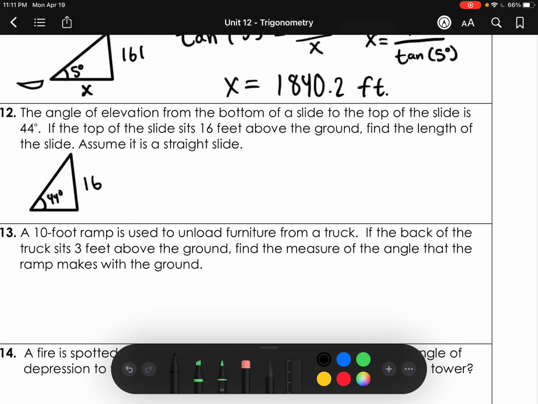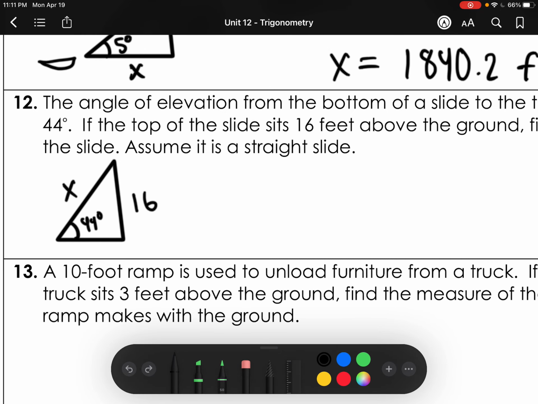And it tells us to find the length of the slide. So this is the slide right here, so we're looking for the hypotenuse, right? We have 44 degrees, and we're given the opposite side, and we're looking for the hypotenuse. So we're going to be using sine.